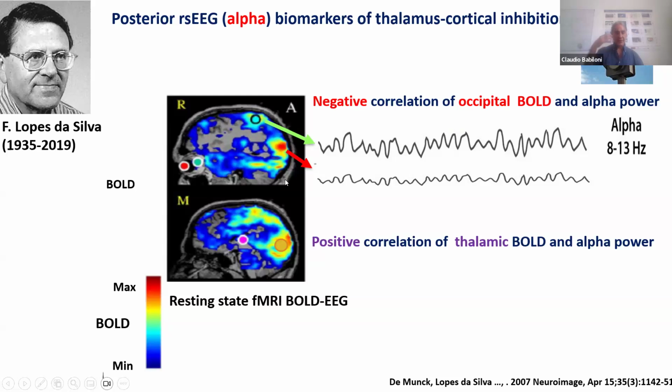So when you are active in the cerebral cortex, for example, you have a big change of this ratio, and so you have a big BOLD signal showing cortical activity.